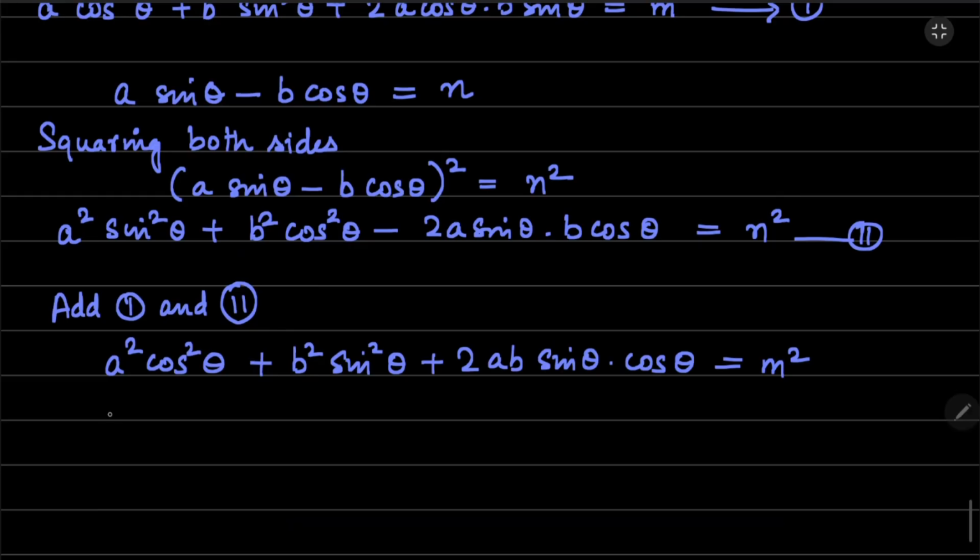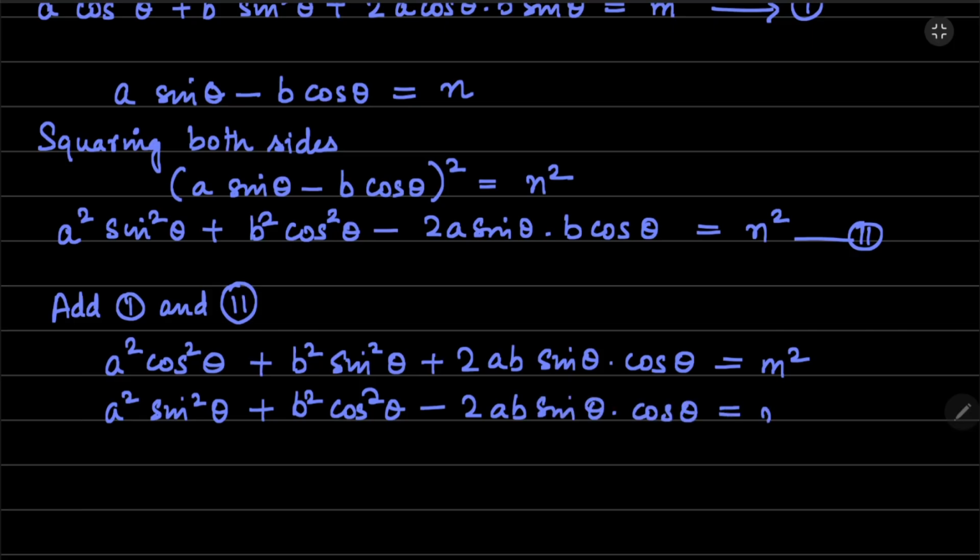This is the first equation. The second equation is a square sin square theta plus b square cos square theta minus 2ab sin theta into cos theta is equal to n square. So we are just going to add these equations.